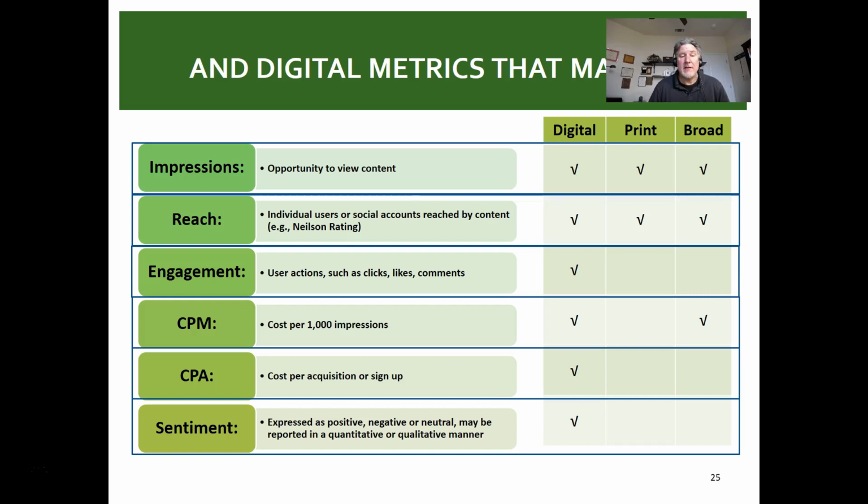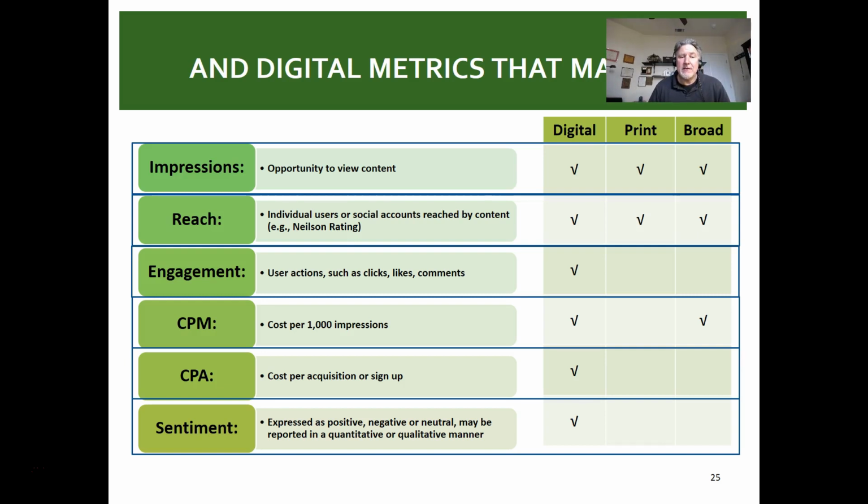Or with a print piece, I may say my reach is 16,000 in terms of our mailing list. So we get 16,000 impressions on that journal, and our reach might be how broad that distribution list is.